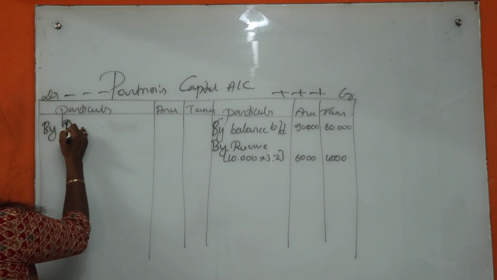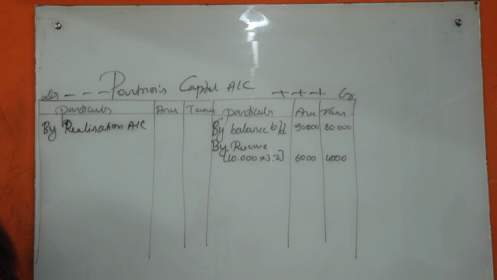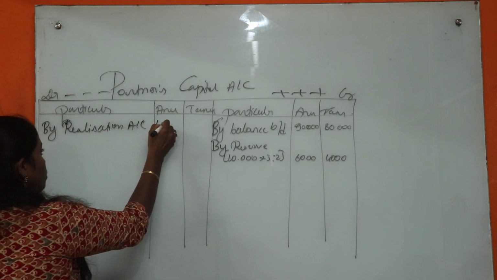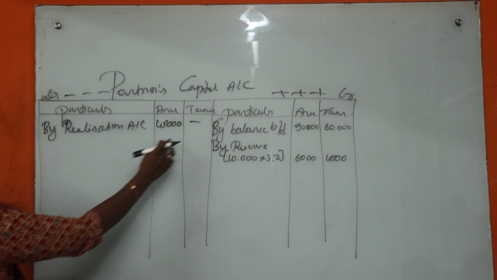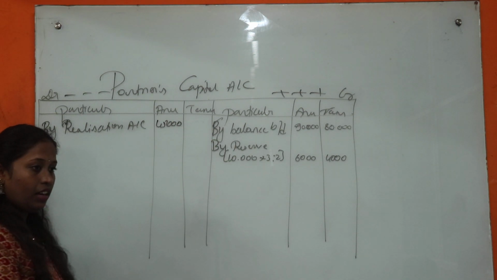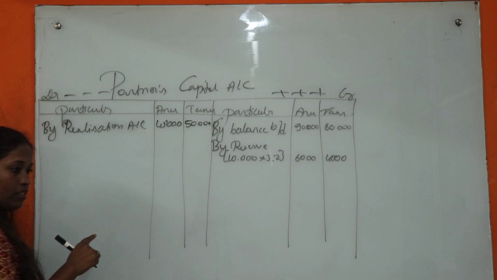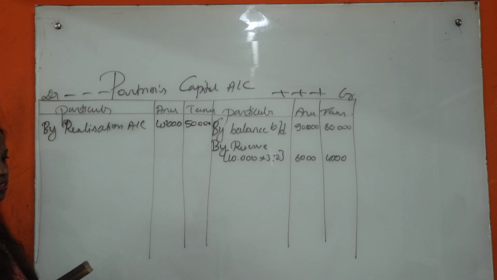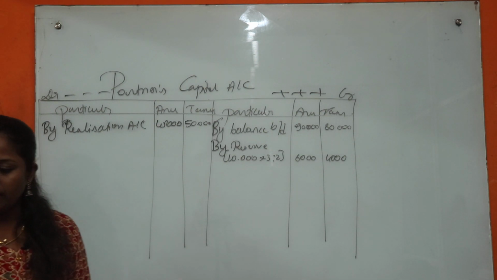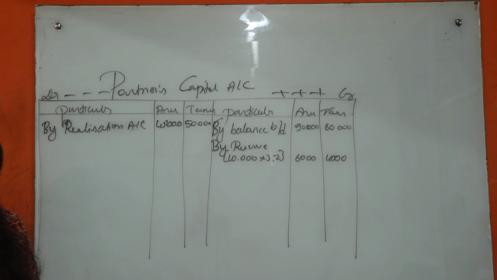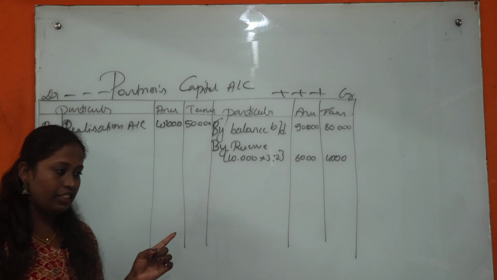What has Anu taken over? 45,000, right? Debtors 10% less than book value. So Anu has taken over 45,000 worth of the asset. Next, Thanu has taken over for how much? 50,000, at book value. So that's it. We will not be having any other entries over here. Is this clear?